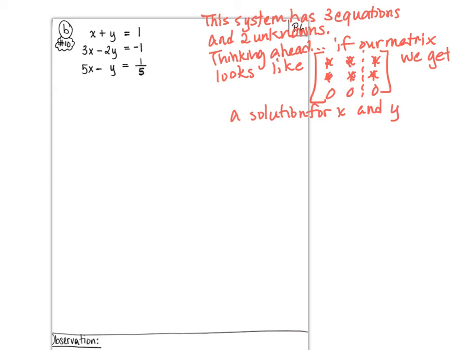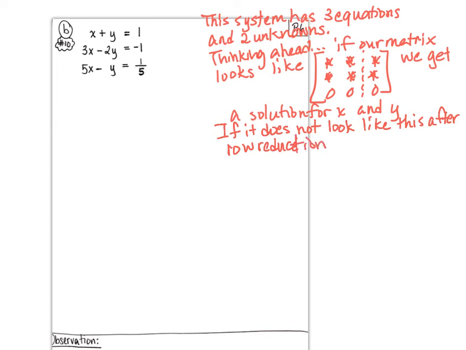However, if it does not look like that, your matrix, if your matrix does not look like this after row reduction or reduced row echelon form, after row reduction, we do not have a solution for x and y.